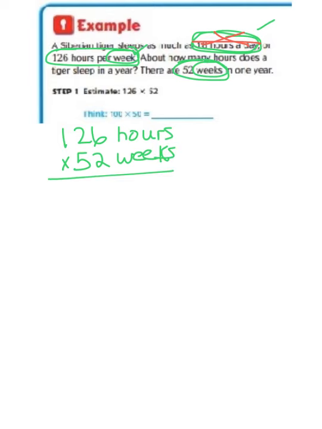Now, since he's doing the exact same thing every week for 52 weeks, we know that we're going to multiply. So we set up our problem: 126 hours times 52 weeks per year. Now, we can simply multiply.